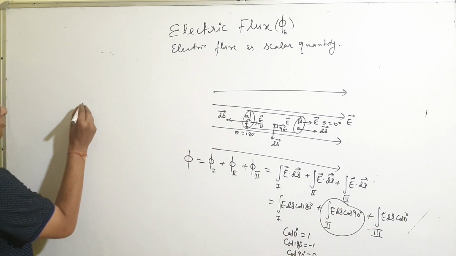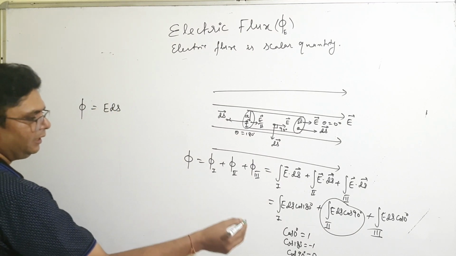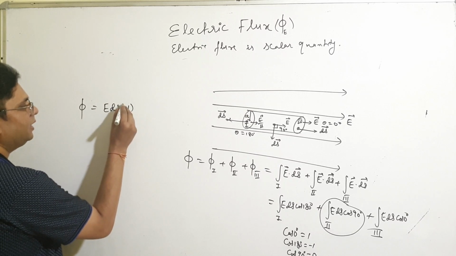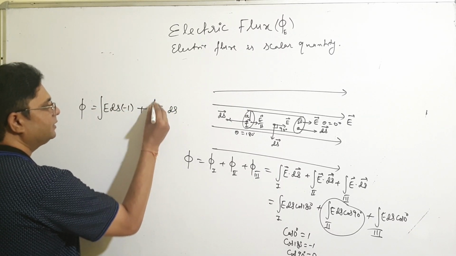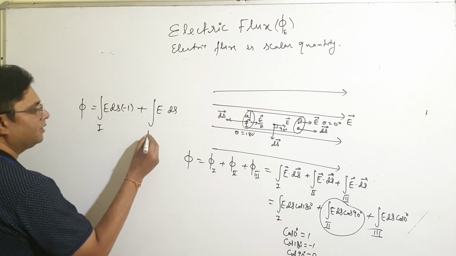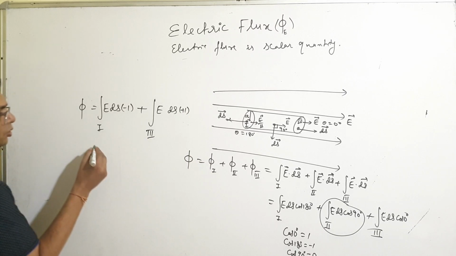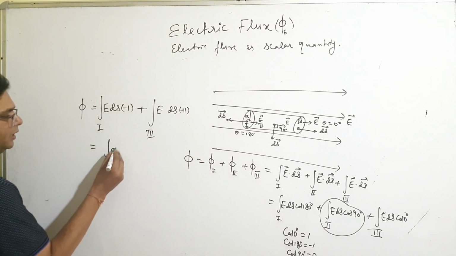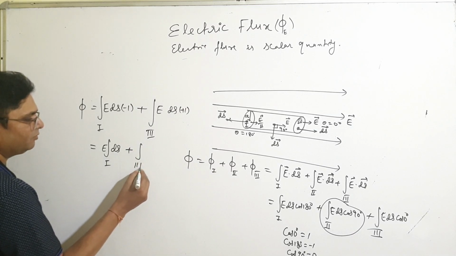So we have phi equal to integration E ds with a minus sign for surface 1, plus integration E ds for surface 3 with a plus sign.